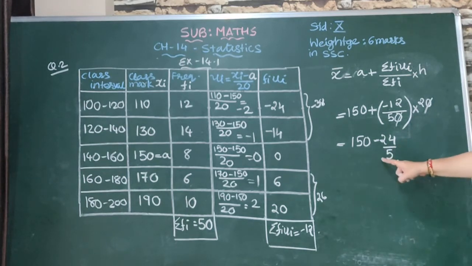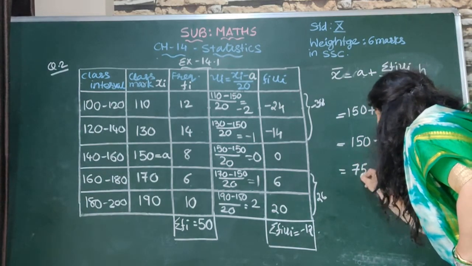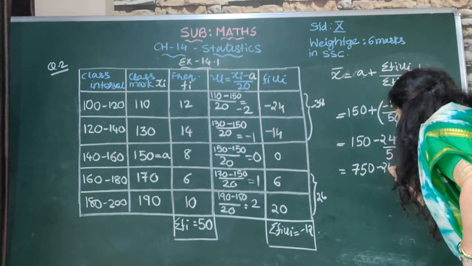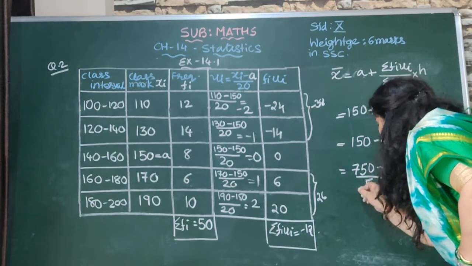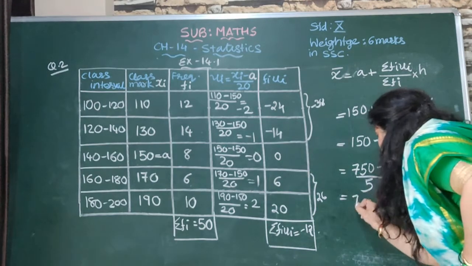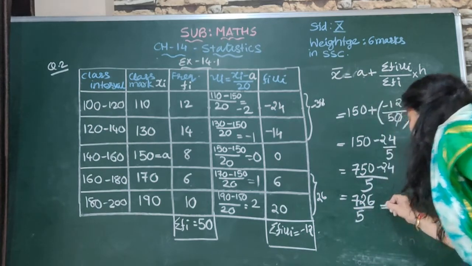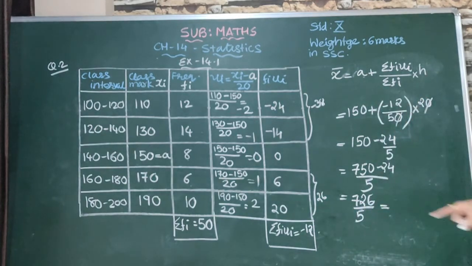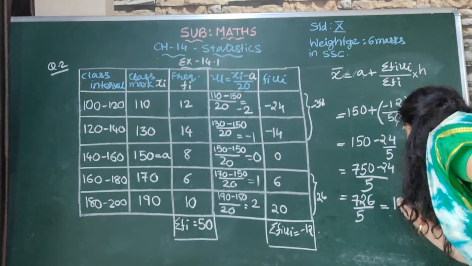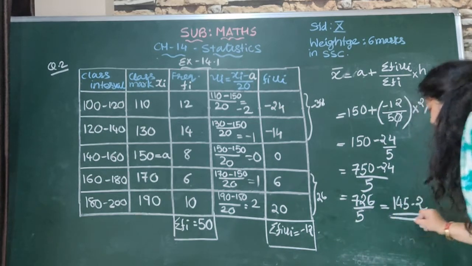Now we can take the LCM. 15 5s are 75, so here it is 750 minus 24 by 5. 750 minus 24 is equal to 726 by 5. Therefore, if we divide 726 by 5, finally we get 145.2.